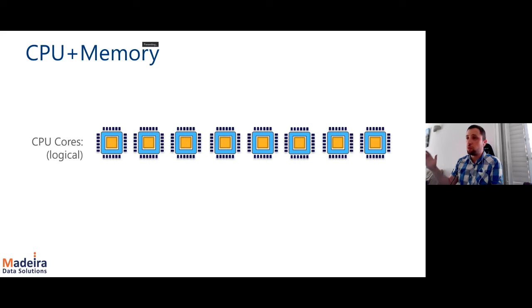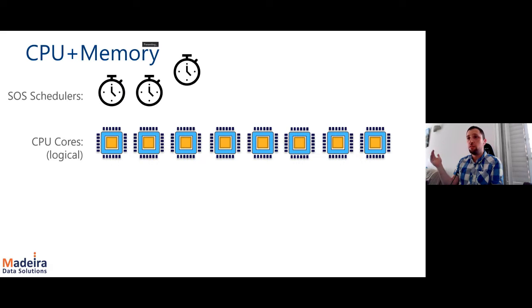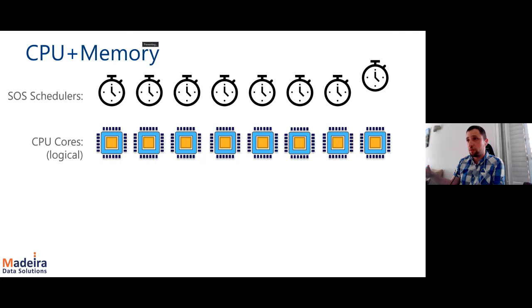There's nothing like that. But what we do have is something called SOS schedulers, or SQL operating system schedulers, and it's basically a sort of system thread that is logically attached to a physical core.